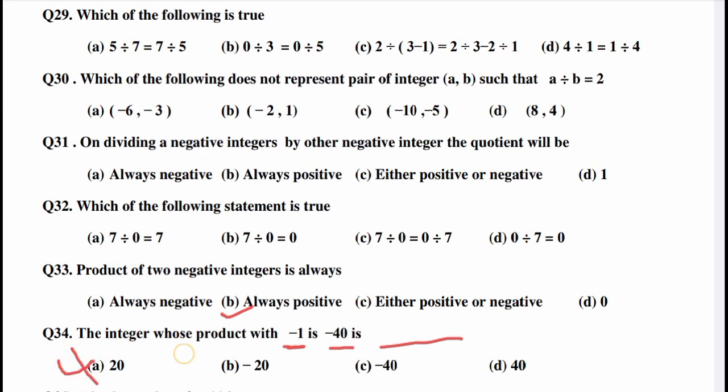No. -20? No. C? No, because by multiplying two negative integers we get a positive answer. So it is 40, one 40s are 40 and the answer is positive. So the answer is D, 40.